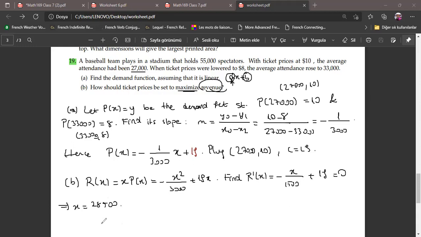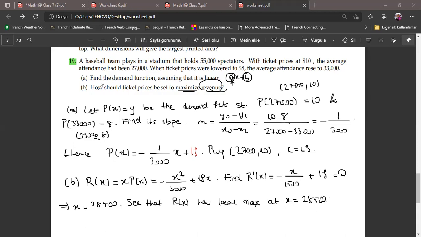By the first derivative test again, we see that R of X has a local maximum. You can make a table to see that part clearly, at X equal to this.